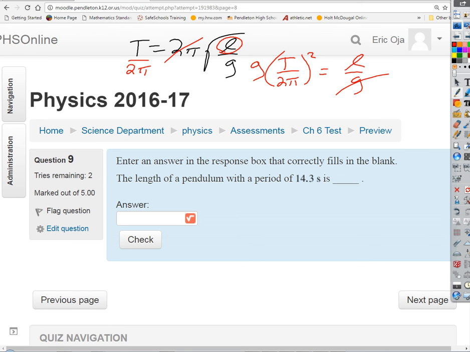So this gives us 9.8 times the quantity 14.3 divided by the quantity 2 pi. Now notice the sign. Do the quantities make sense? Everybody see that?